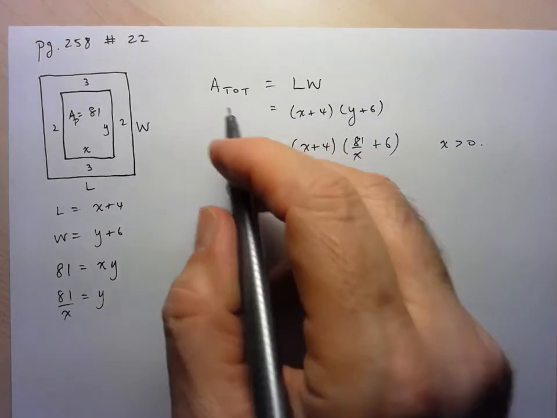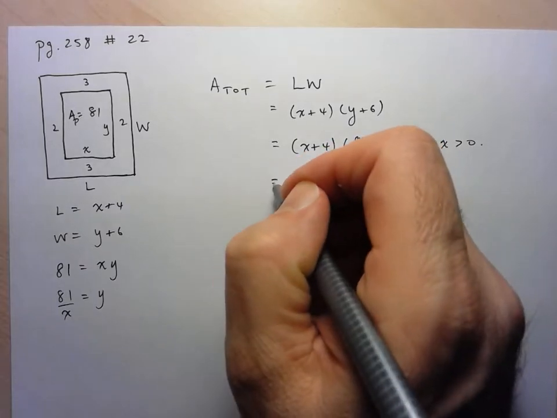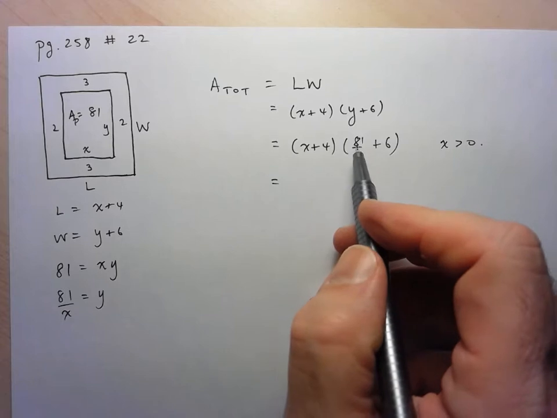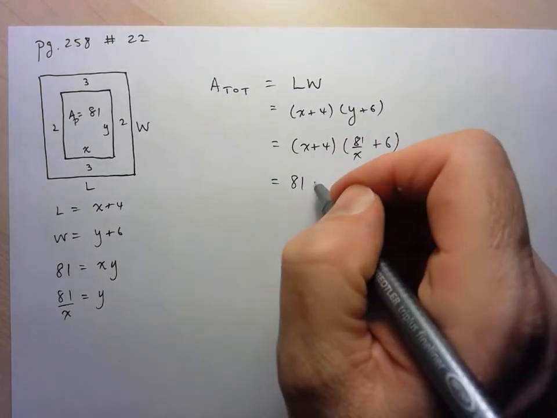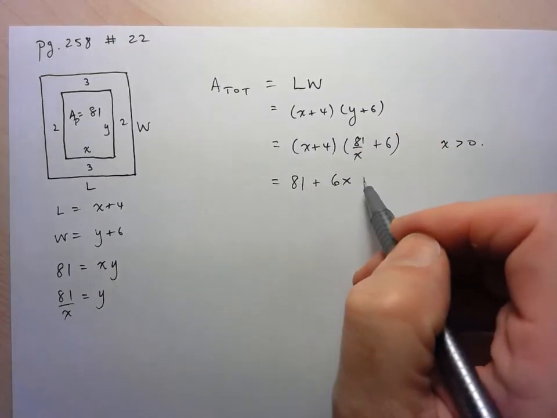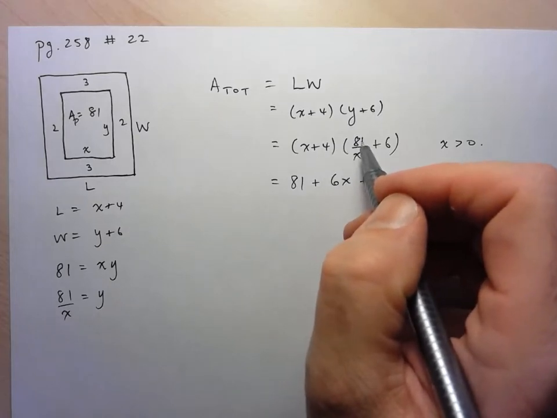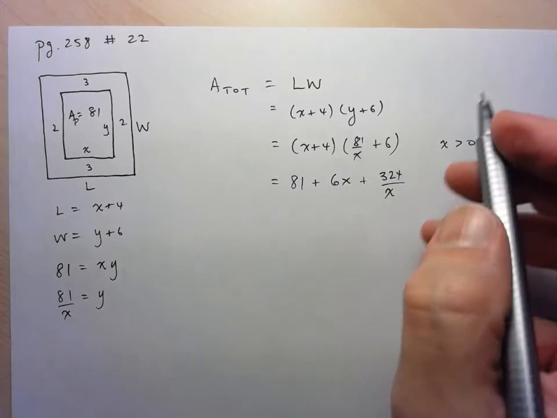So in order to take the derivative, I don't think I need to use the product rule, because it's going to be much easier if I just multiply everything out. Okay, so X times 81 over X, the X's cancel out, so just 81, plus X times 6, so 6X, plus, so here 4 times 81, so that's 324 over X, and then 4 times 6 is 24.